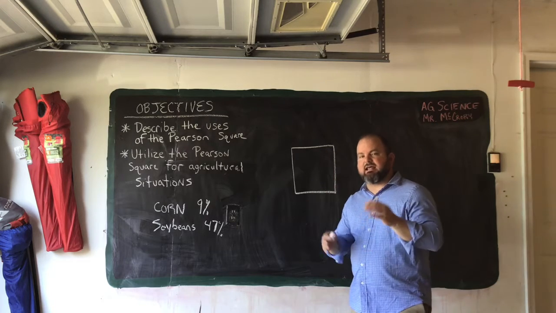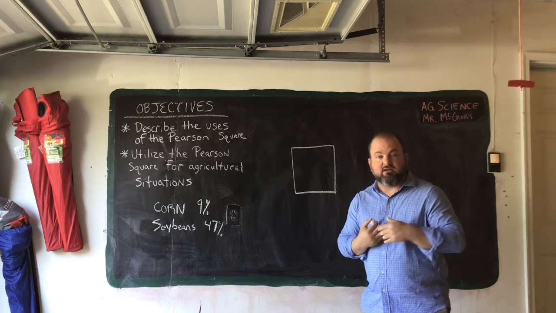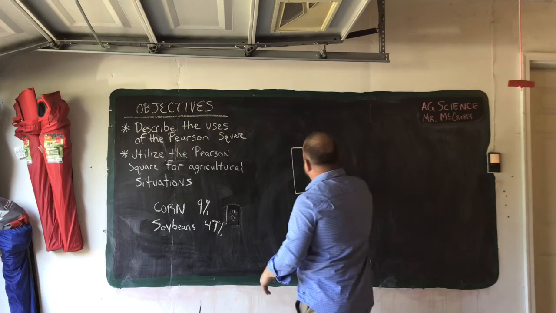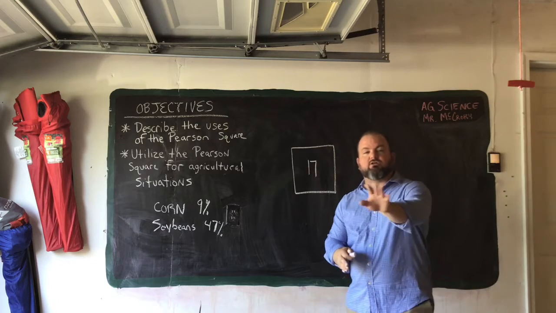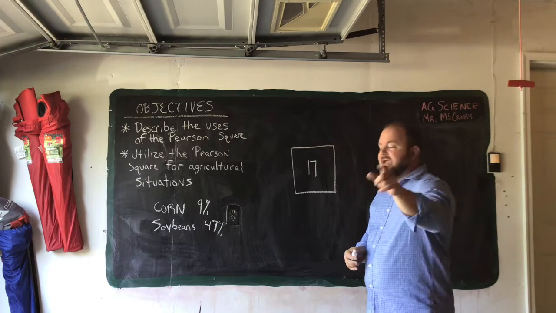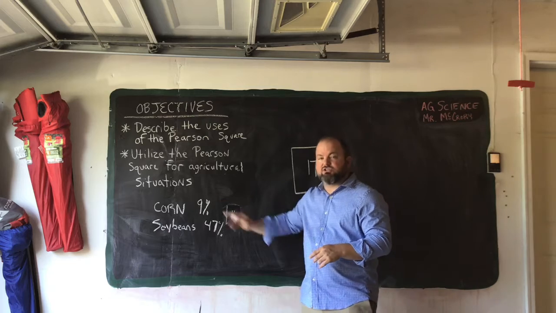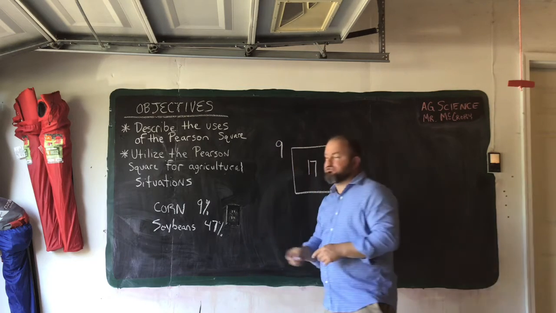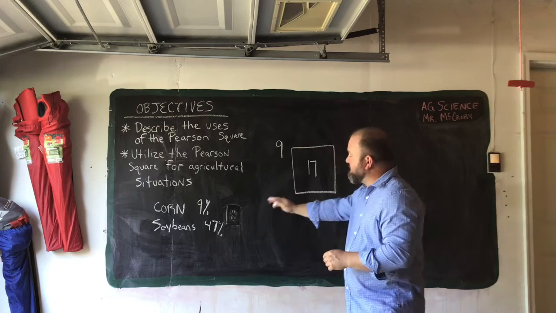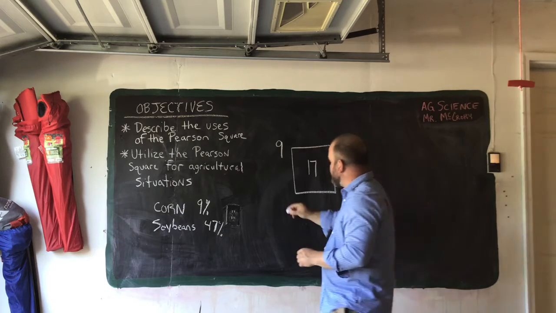So what we want to do is utilize the Pearson square in order to solve an equation. Let's say that I have a target for my pig feed of 17%, and that's exactly what I have right now. So 17% will go in the middle of the Pearson square. And I want to utilize corn, which is 9% protein, and also soybeans, which is 47% protein.